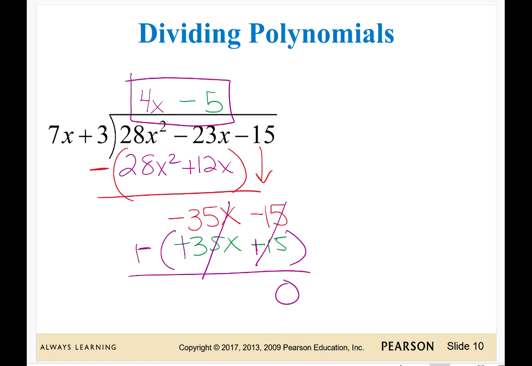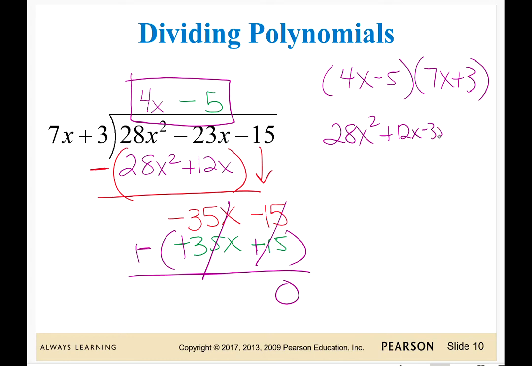If you want to check if these are correct, the great thing is if you take the quotient times the divisor, you should end up with the dividend if you had no remainder. So if I take 4x minus 5, and I multiply it by 7x plus 3, if I FOIL this out, I'm going to end up with 28x squared plus 12x minus 35x minus 15.